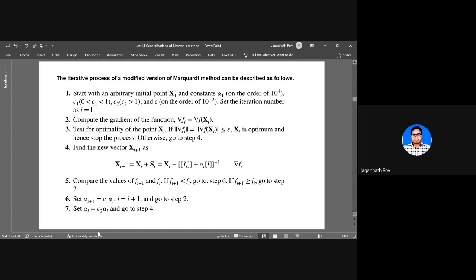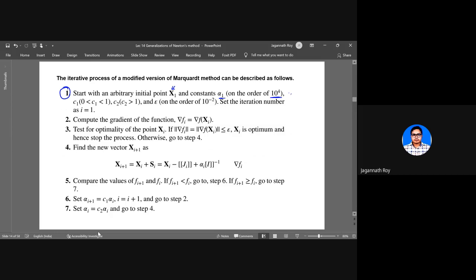How do we actually implement this method? For step 1, we try to find any arbitrary initial point x1, and there will be some constant alpha 1. For example, this is 10 to the power 4, because we have to take a large number.